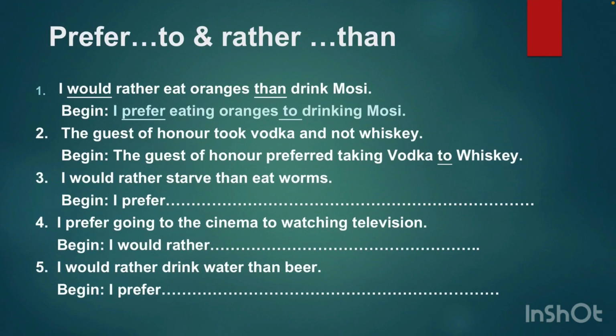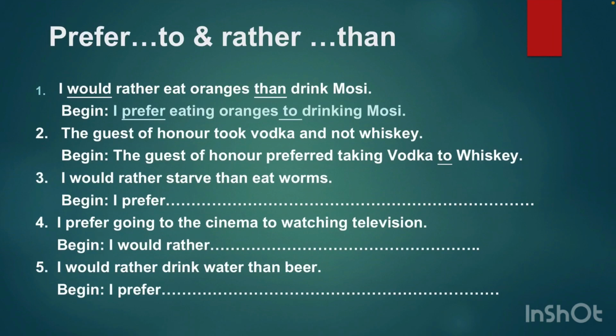So, one fact here that I want to introduce you to is when you are using rather, the verb is always in present tense. When you are dealing with rather, the verbs are always in present tense in their neutral form. I would rather eat. Don't say I would rather eating. No. I would rather eat than do this.